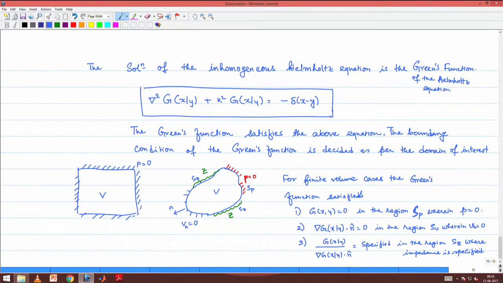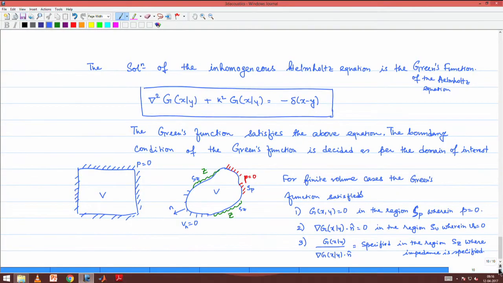So, that is the story as far as finite volume situations go. The Green's function can be chosen to satisfy exactly the same boundary conditions as dictated by the domain of interest. But what happens for an infinite volume case?